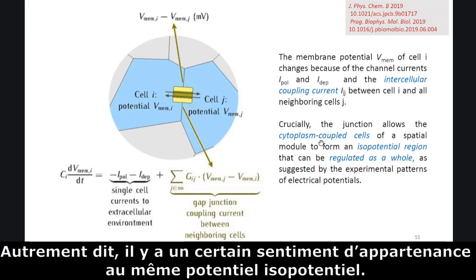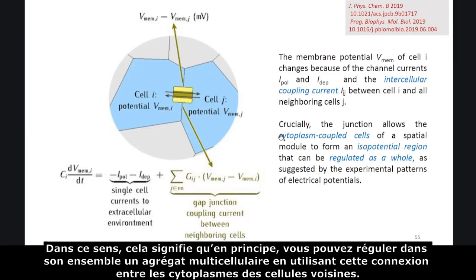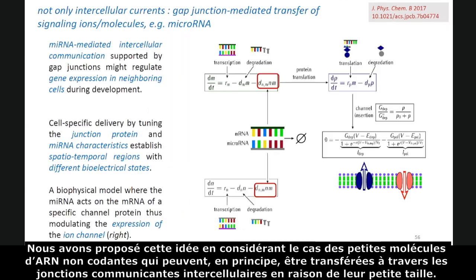I mean, there is some sense of belonging to the same isopotential region when lots of cells are connected cytoplasmically, so they share the same cytoplasm in this sense. This means that in principle you can regulate as a whole a multicellular aggregate using this connection between neighboring cytoplasm in the cells.